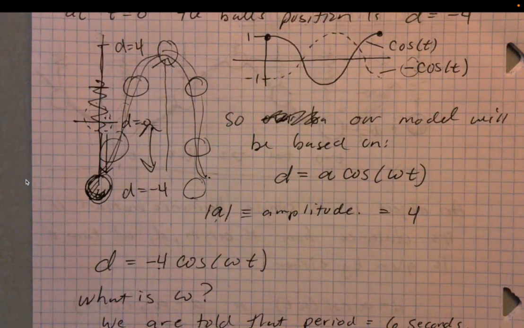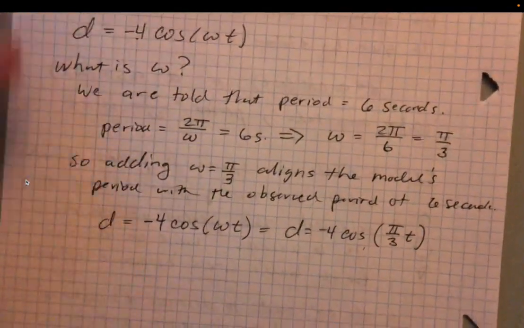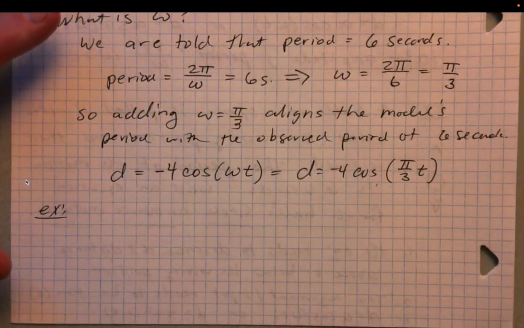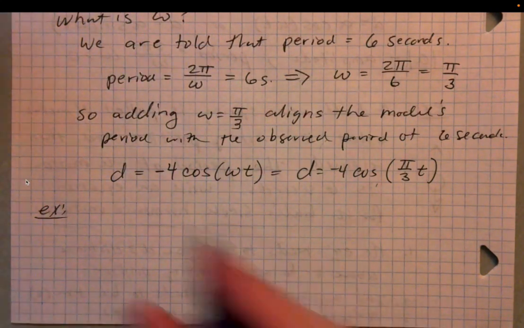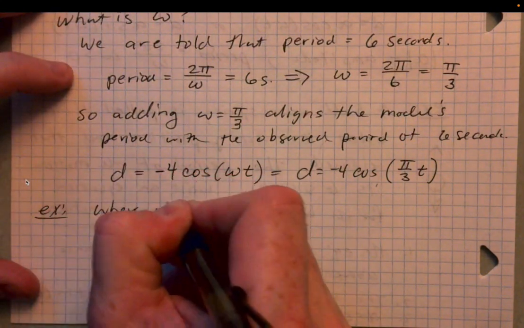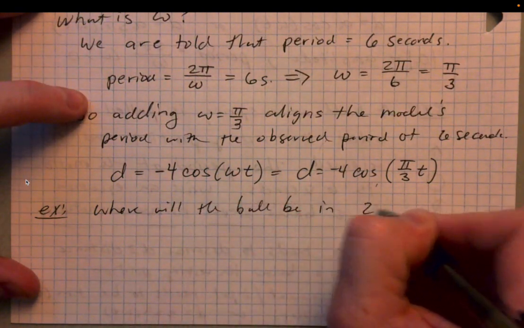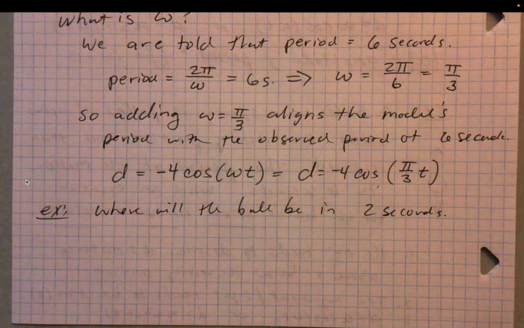Let's plug a value into this. This is kind of an example of using the model. Let's say, where will the ball be in 2 seconds? So I'm holding the ball down at -4, and then I let go. 2 seconds later, where's the ball?